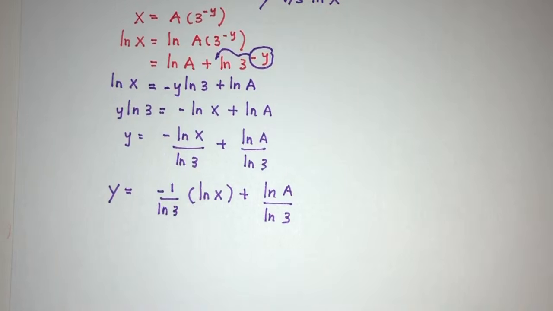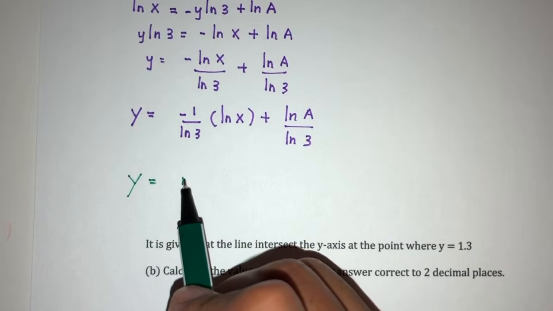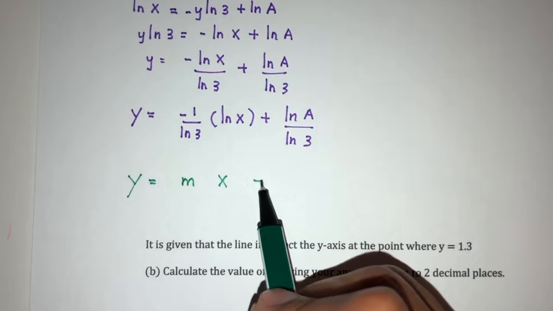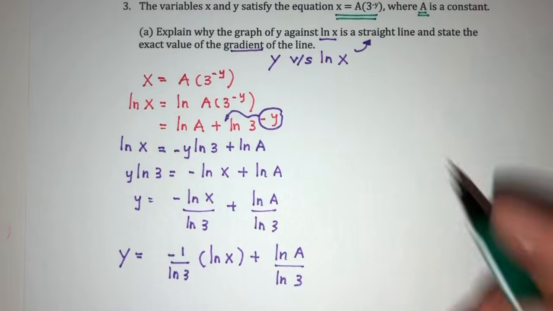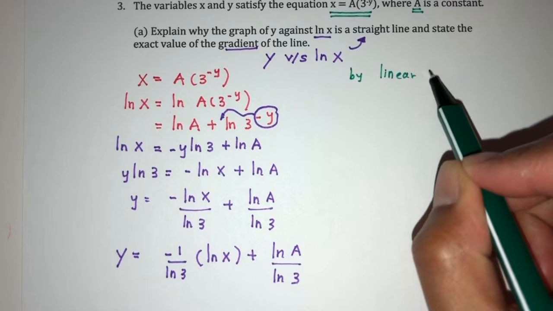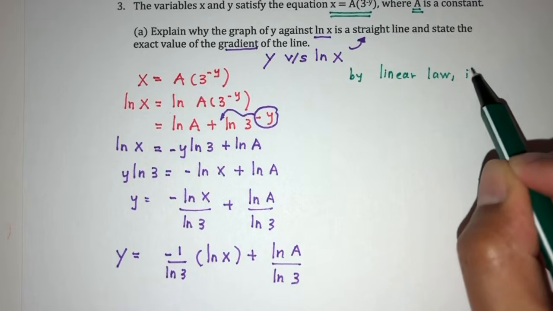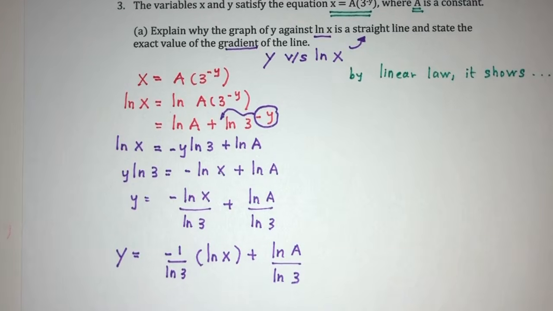Now by comparison, you do realize that it is same as y equal to mx plus c. When you have y against x, usually it will look like this for an equation of a straight line. So simply you can say by linear law, it shows that it is a straight line.